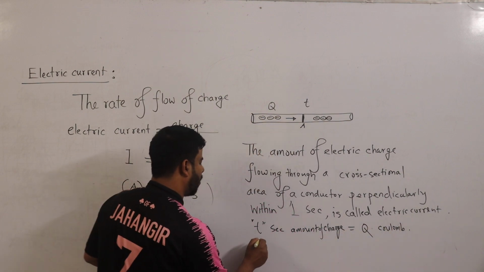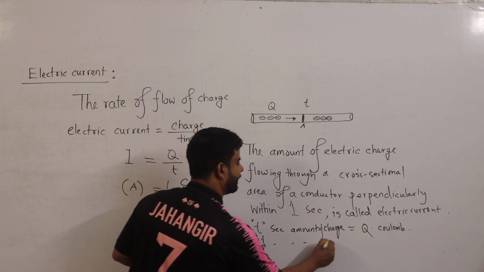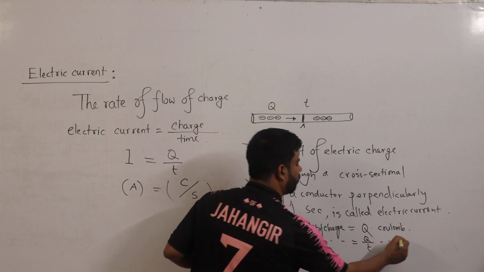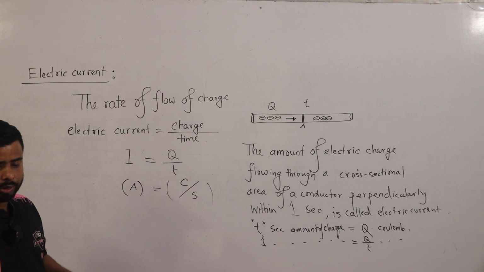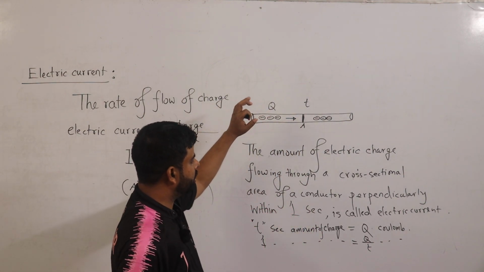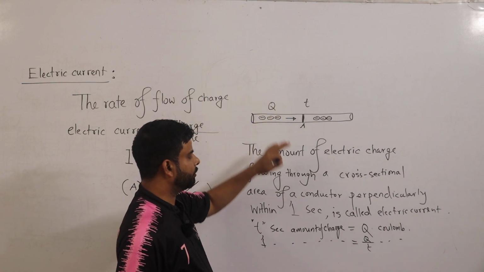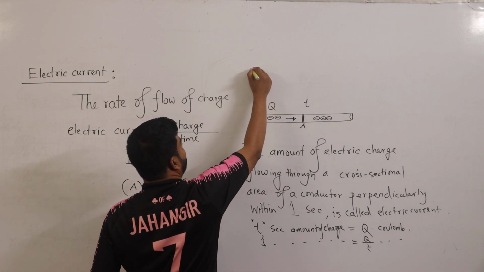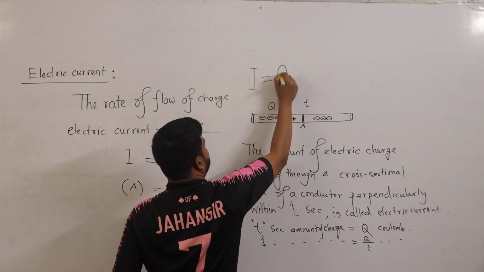So within 1 second, the amount of charge flowing is Q by T. We know that the amount of charge flowing through the cross-sectional area of a conductor perpendicularly within 1 second is called electric current. That's why electric current I equals Q by T.